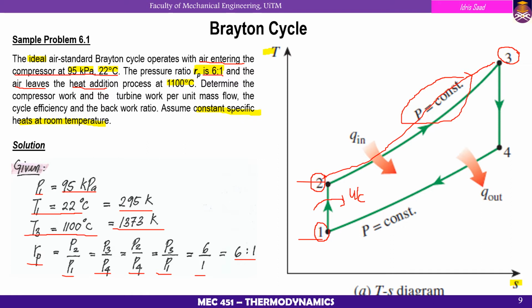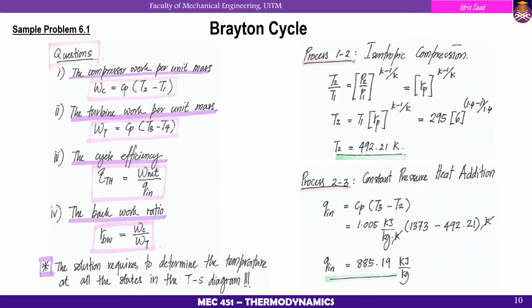Okay, all right. In order to solve the problem, the best way is to understand the question that is given to us. So in this question, first they want us to calculate the compressor work per unit mass. The equation for the compressor work per unit mass is Wc is equal to Cp (T2 minus T1).